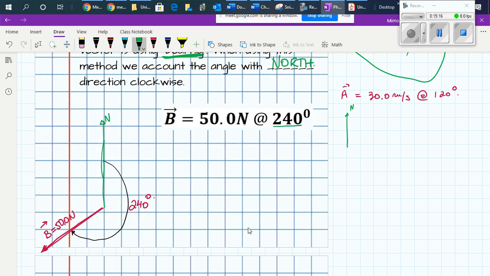This being the north axis, and then what we have is 120 degrees. So 120 degrees is somewhere in here, and the vector is 30 meters per second. Understand?